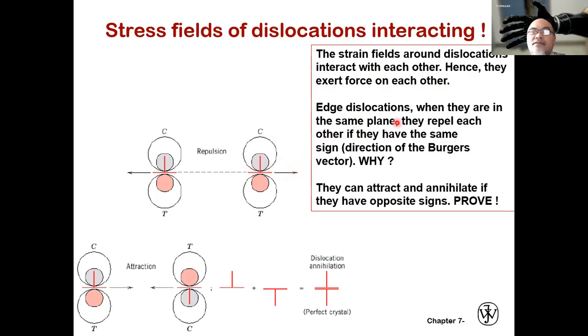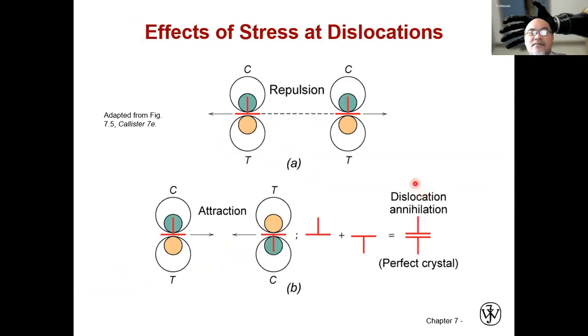In edge dislocations, when they are in the same plane, they repel each other if they have the same sign. They can attract and annihilate if they have opposite sign. This is similar to the previous slide. When they are opposite to each other, they will annihilate and become a perfect crystal.